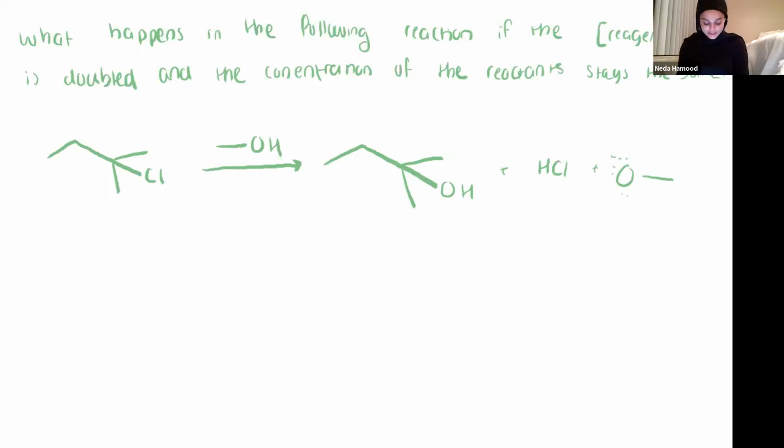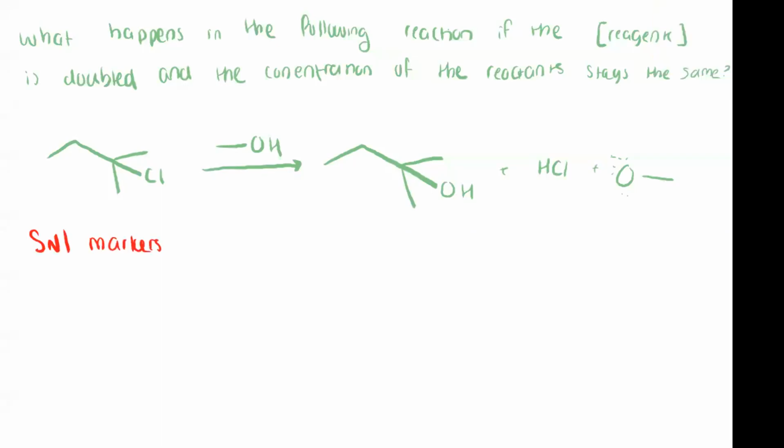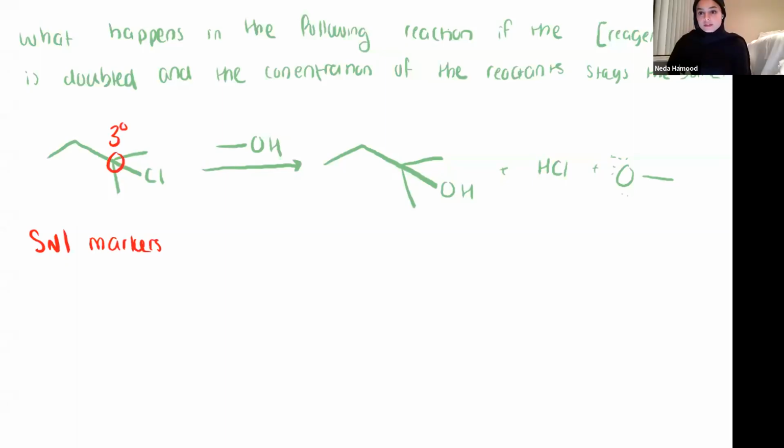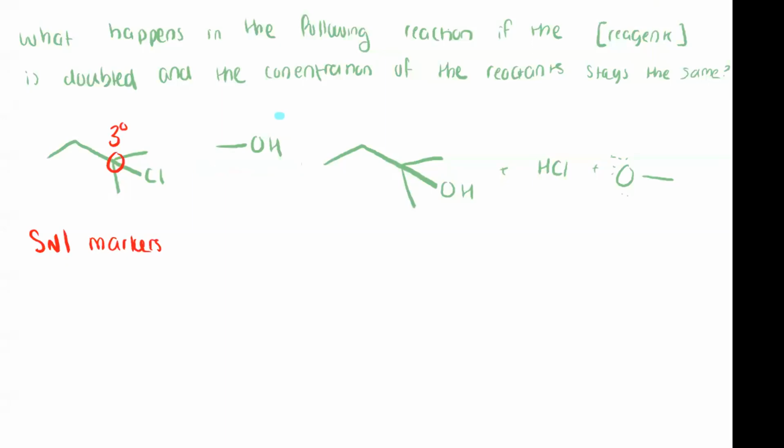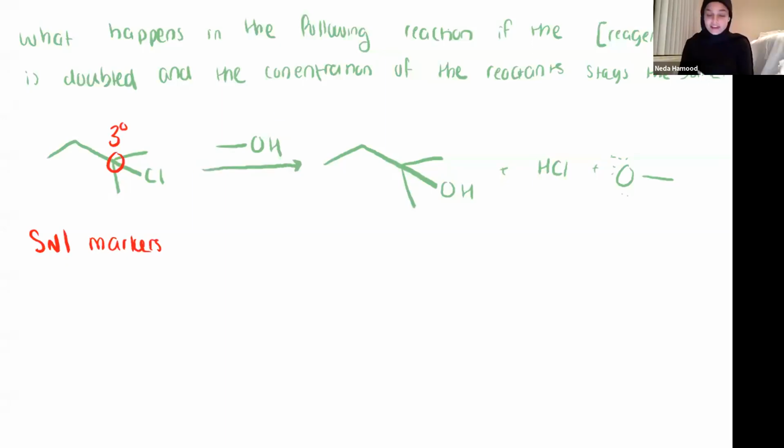Yeah, awesome, you guys. So over here, how can you tell that this is an SN1 reaction? Because it's tertiary. Because SN2 can't have that, right? So yeah, that's a marker.